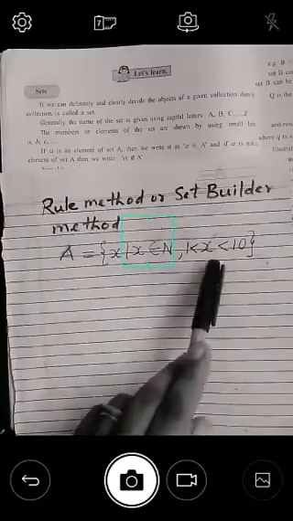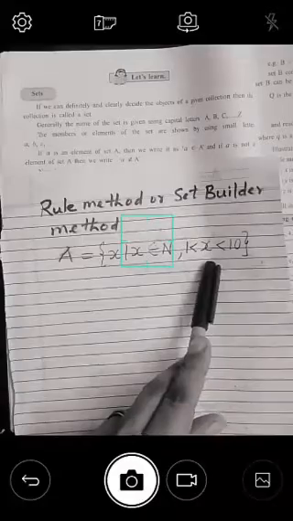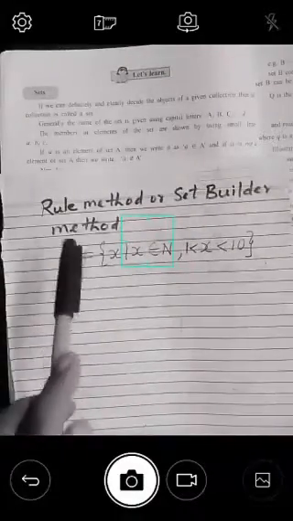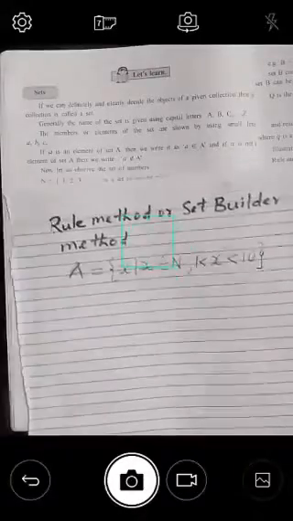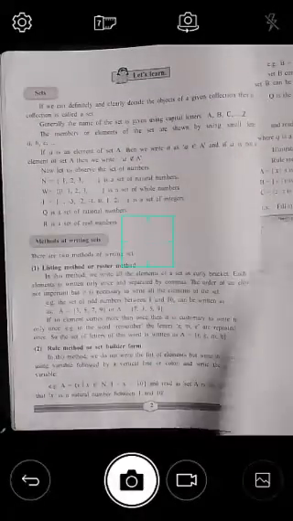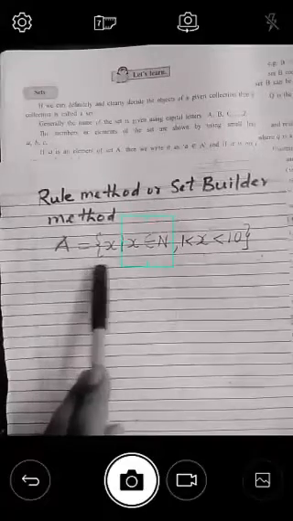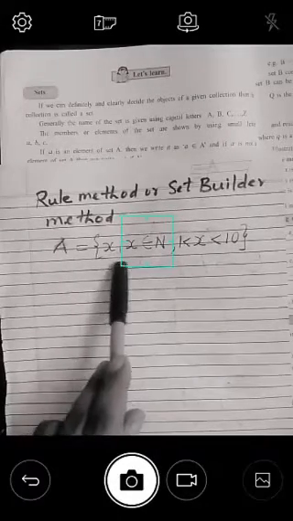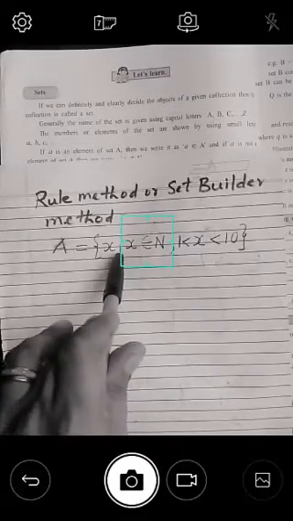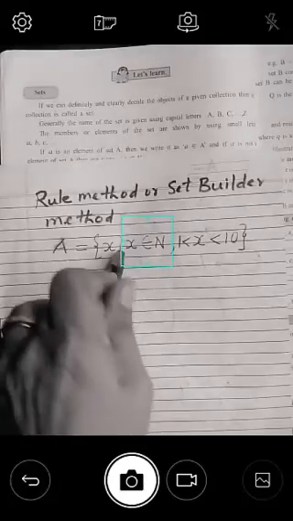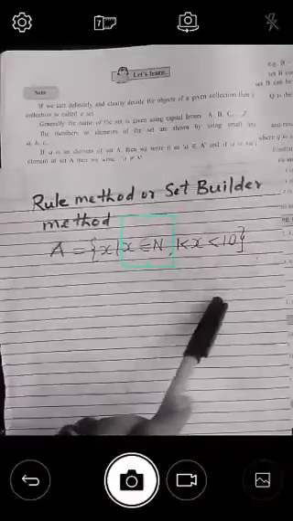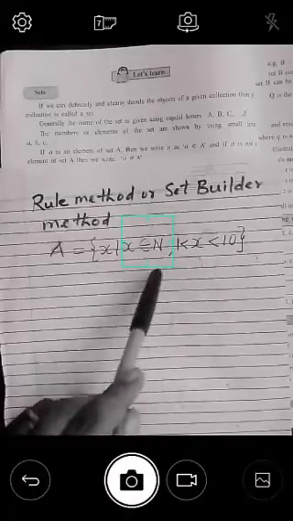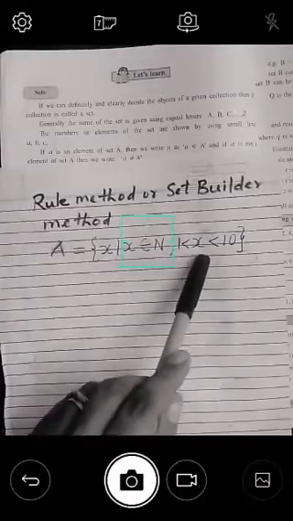And we write the property of the element. So if we take this example, here we have written the set A is equal to X such that X belongs to capital N, which is a set of natural numbers, where X is greater than 1 but less than 10.